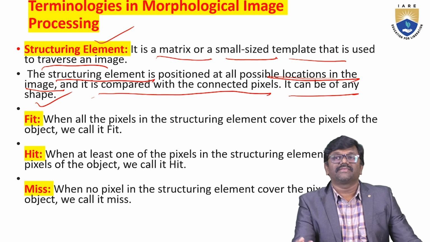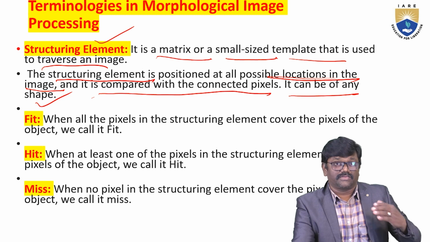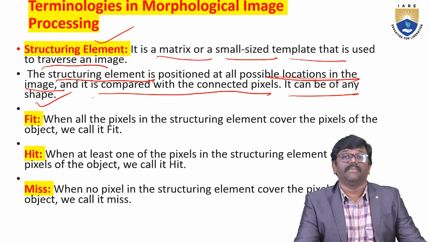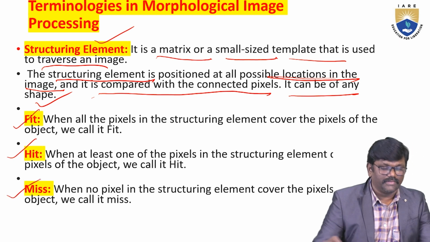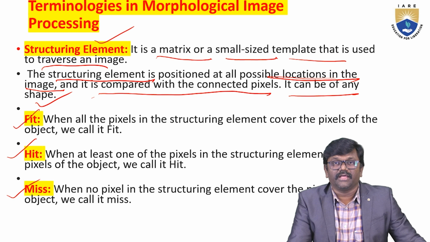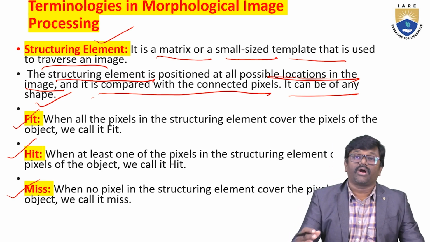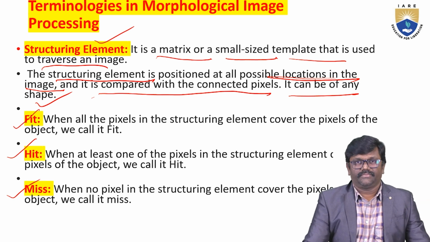So to understand that process at all possible locations in the image, we consider three steps of the structuring element process. Number one, fit. Number two, hit. Number three, miss. What do you mean by fit? When all the pixels in the structuring element cover the pixels of the object, we call it a fit.